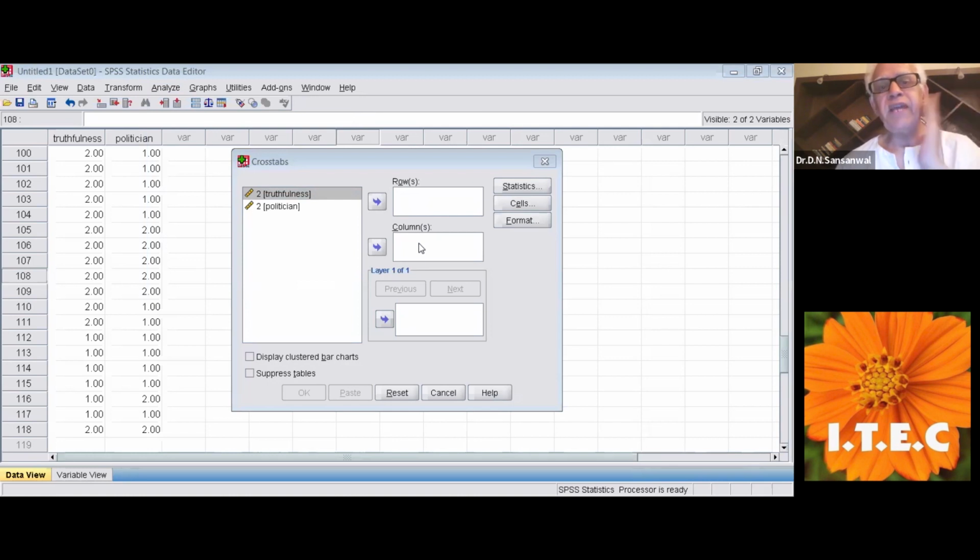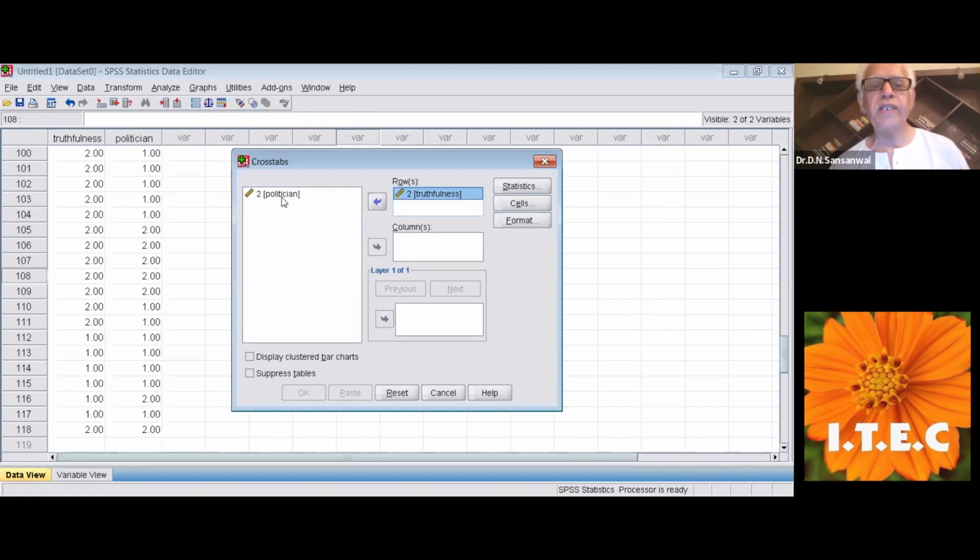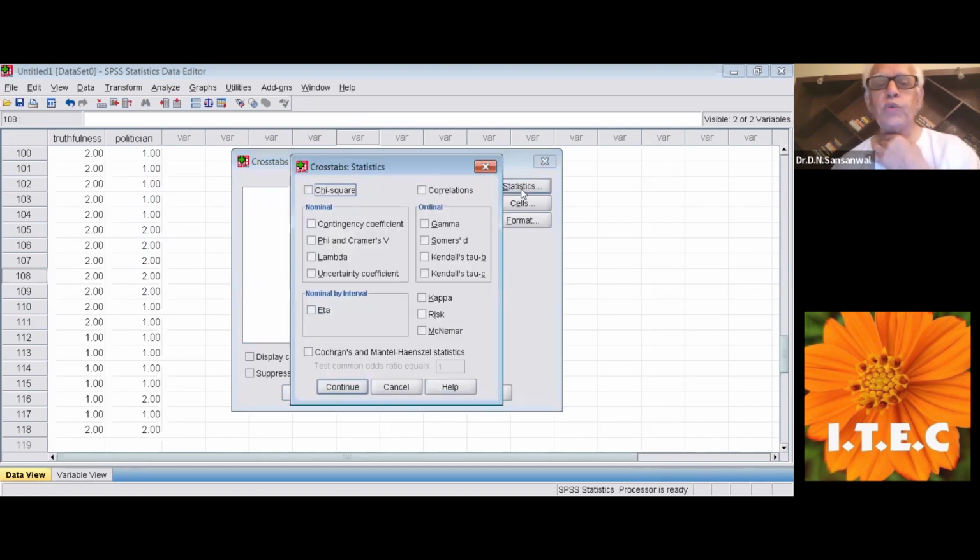You can shift any one you like. If I shift truthfulness in the row and politician in the column, perfectly correct. Then you go to the statistics. Here is phi.